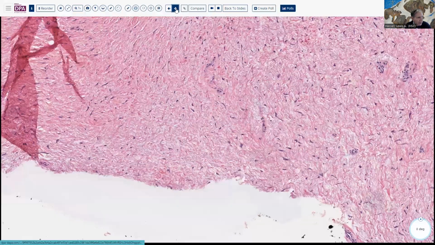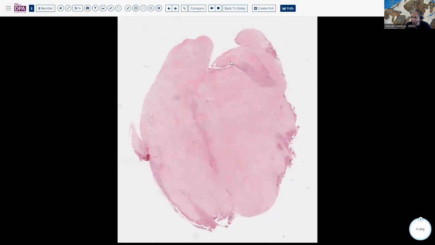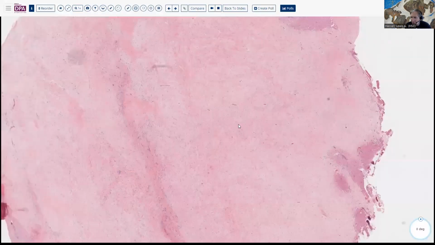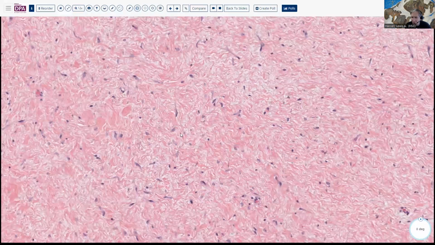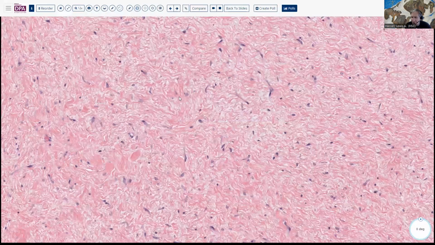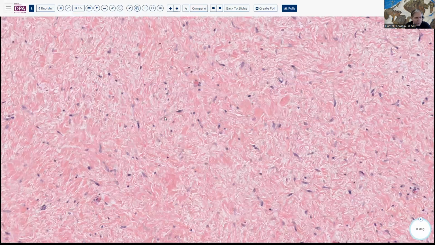And another example, again, slightly nodular, not terribly descript other than this sort of wavy collagenous background and fairly bland stellate and spindle-shaped cells.